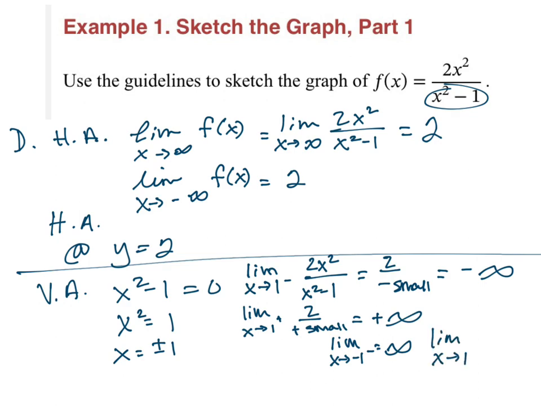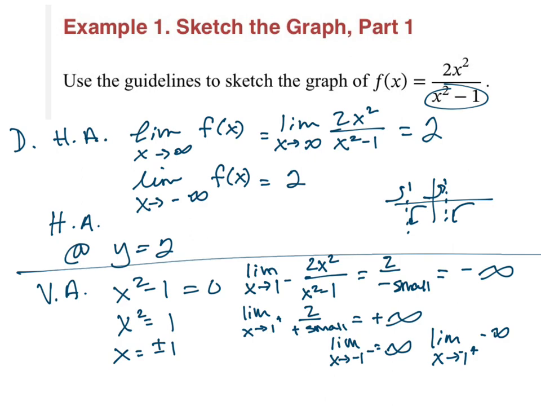You got to see it to see what I'm saying. I'm just drawing a really quick sketch here. At x equals 1, from the left, it went to positive infinity. From the right, it went to negative infinity and then positive infinity. We need to see the same thing over here.